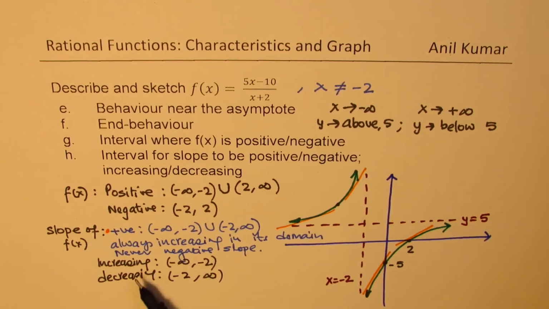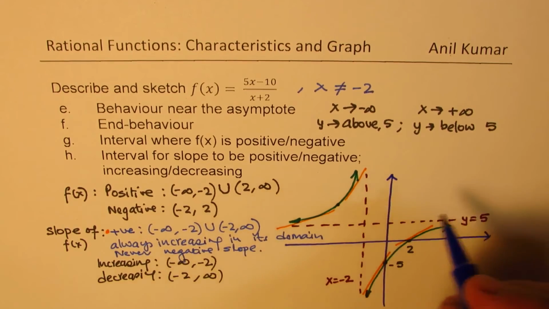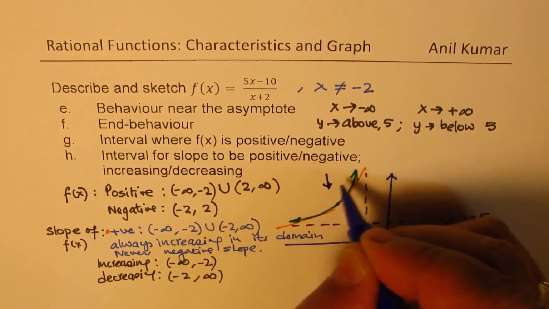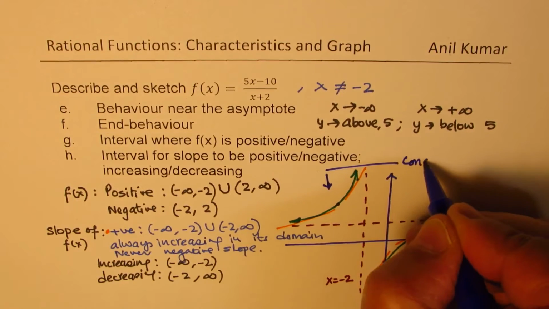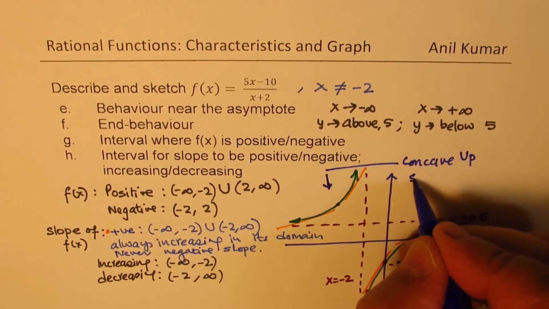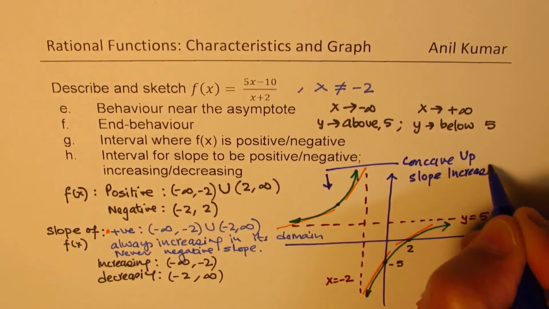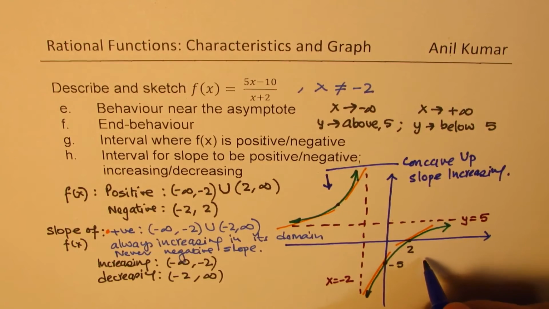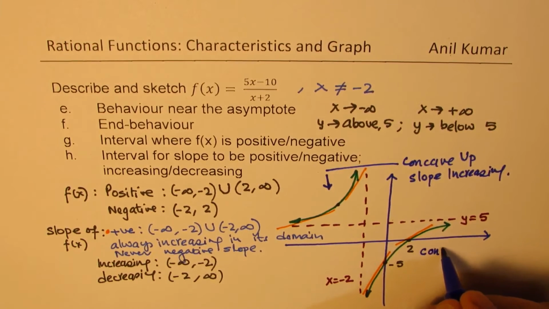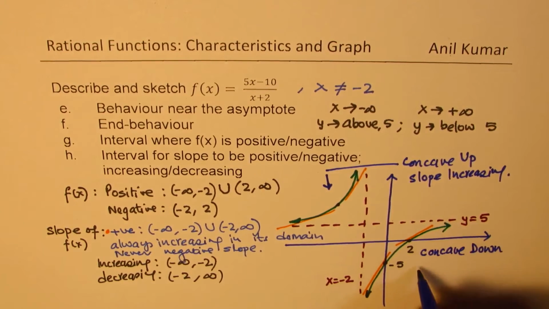So I also see increasing and decreasing interval as the shape of the curve. You see this is concave up, right? So this shape here is concave up, so this means the slope is increasing. Now here, this is concave down, and that means the slope is decreasing.